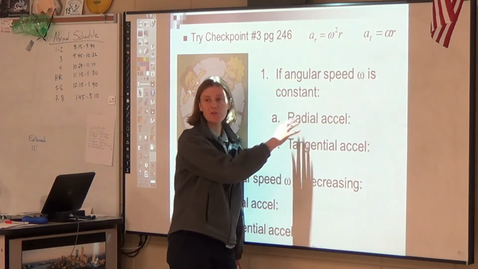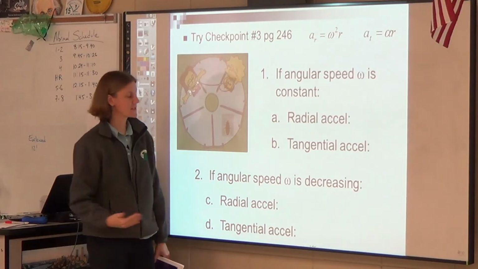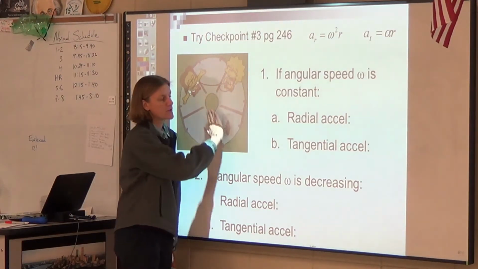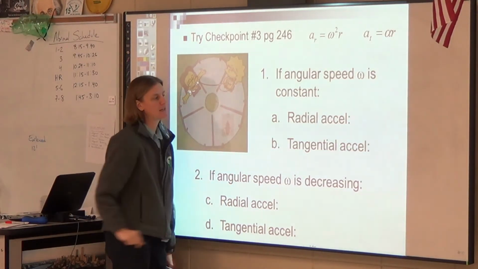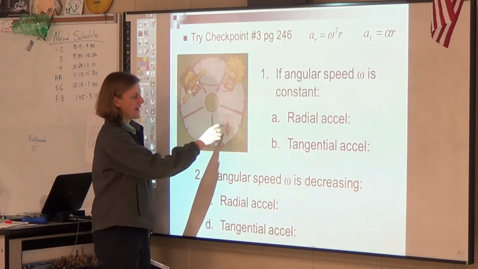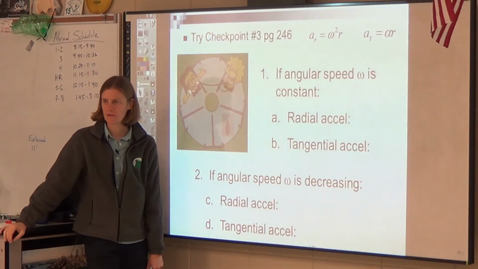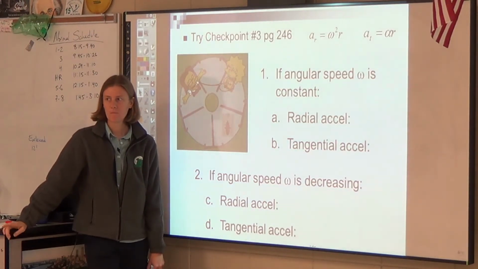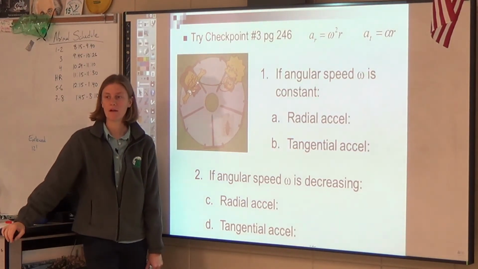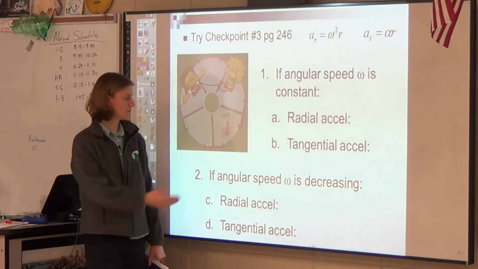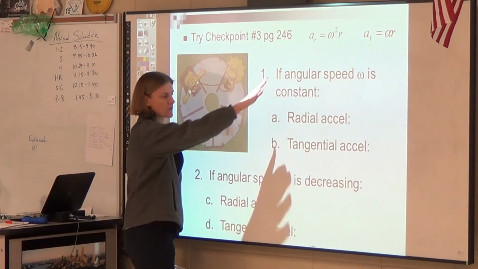So yes, if it is moving in a circle, the only reason it's moving in a circle is there's some force and some associated acceleration keeping it in that circle. In fact, what would be the force keeping the cockroach in the circle? Specifically what? Coming from what? Friction. If this was slick, a cockroach would go flying off.